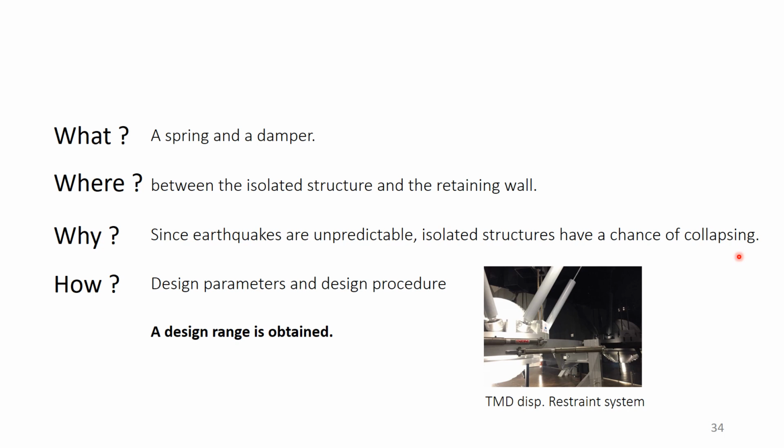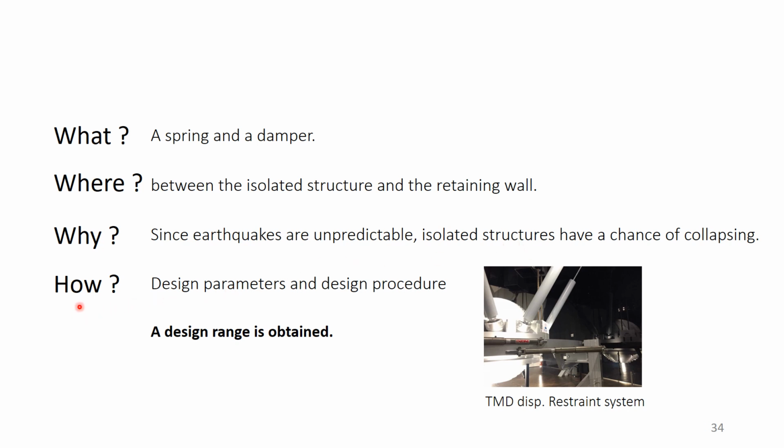But actually dampers are part of the isolation system, while the displacement restraint mechanism we introduced is independent of the isolated structure. And for the retaining wall, once the isolated structures hit the retaining wall, it can be hard to repair. So the displacement restraint mechanism is necessary.